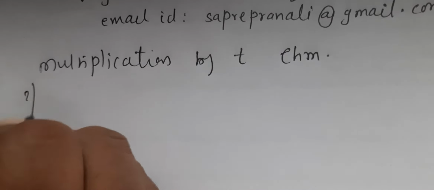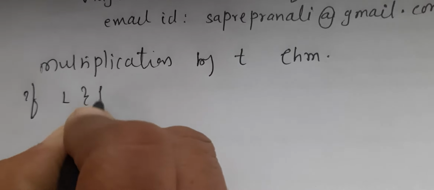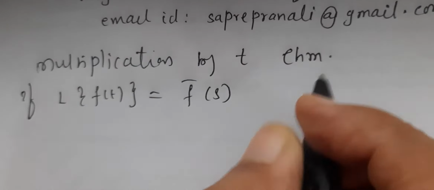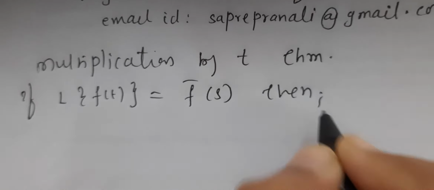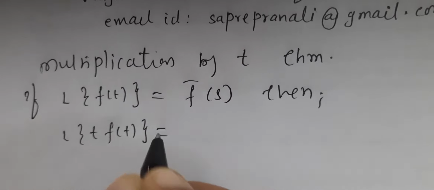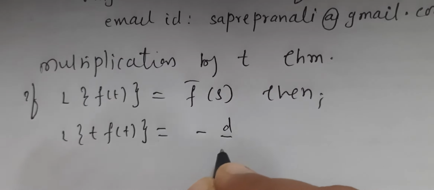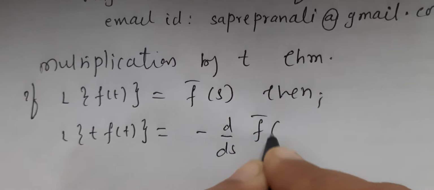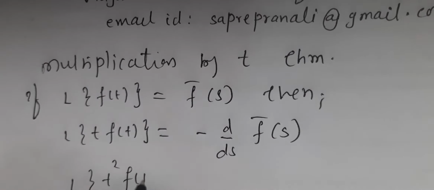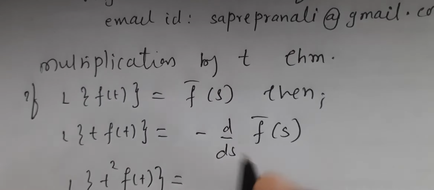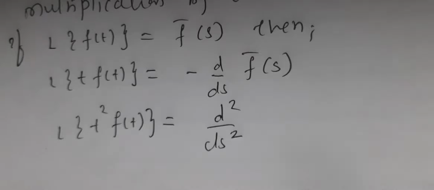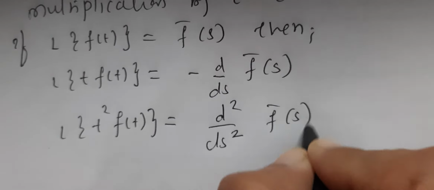What it says: if L of f(t) is f bar s, then L of t f(t) is minus d by ds of f bar s. L of t square f(t) is the second derivative of f bar s.